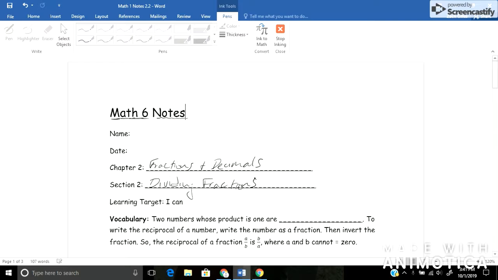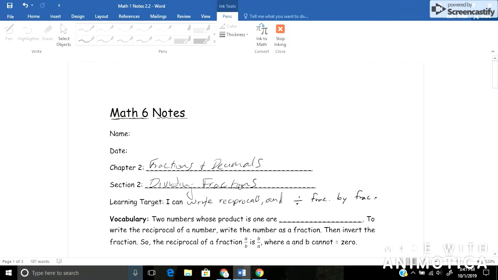Okay, and our learning target for today is we're going to have two parts to this. Write reciprocals. Might not know what that is yet, but you'll learn in just a second. And divide fractions by fractions.